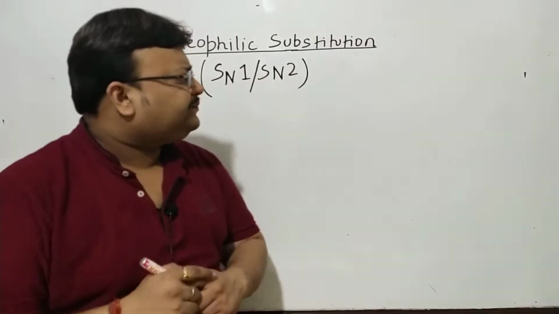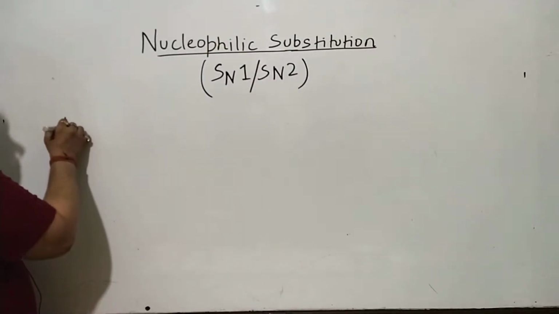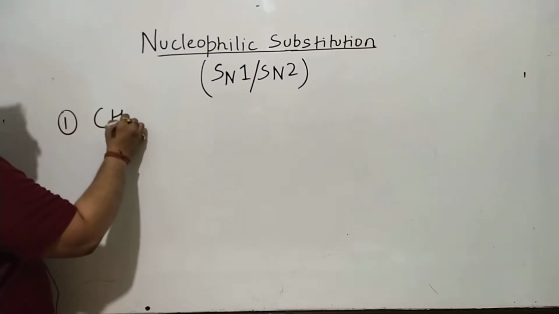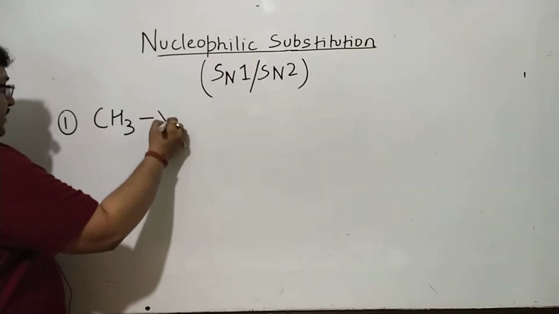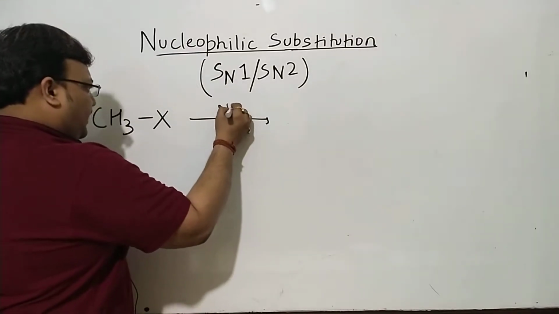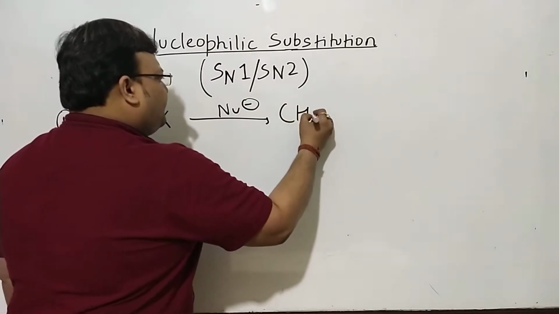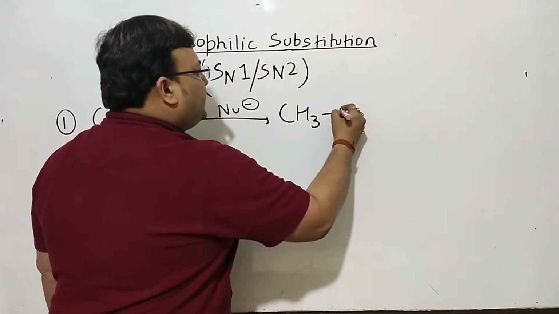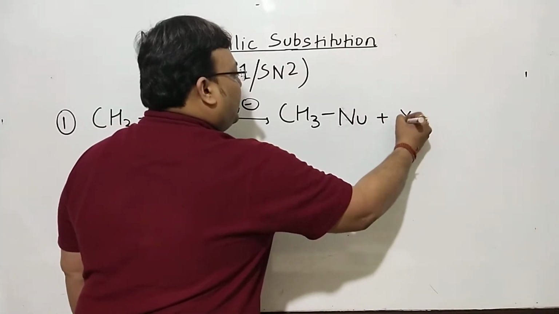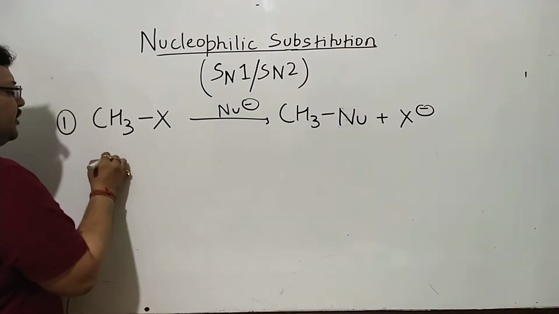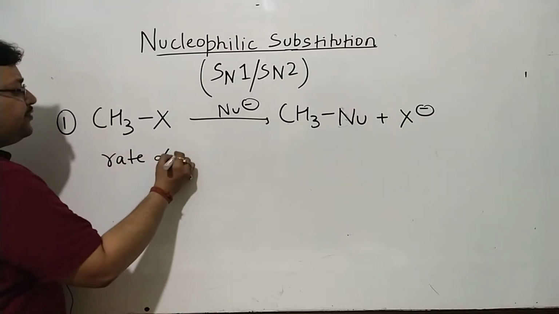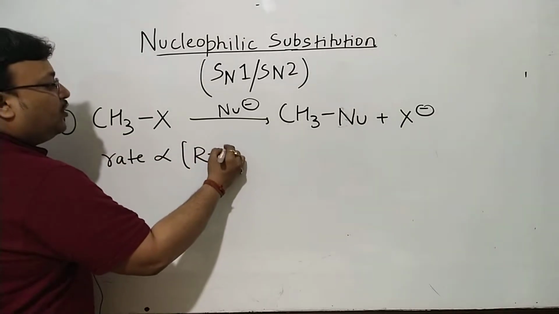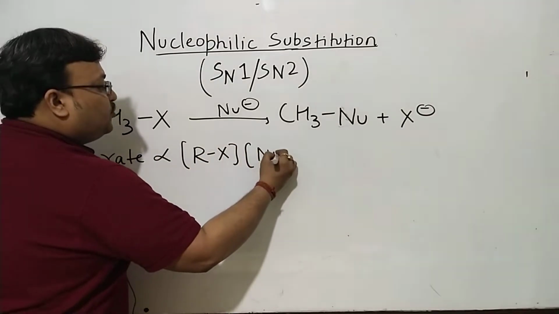Now suppose there are two reactions. Say you have a methyl halide treated with a nucleophile, and this nucleophile is substituting the halide. The rate of the process is found to be proportional to the concentration of the halide as well as the nucleophile.